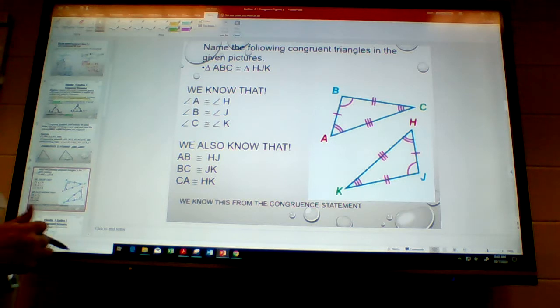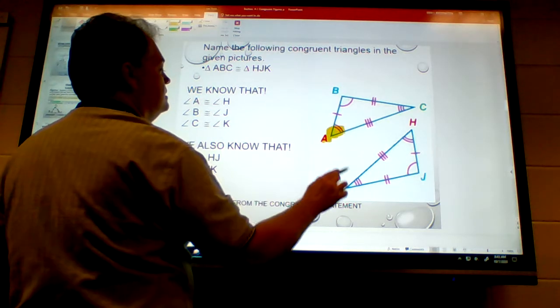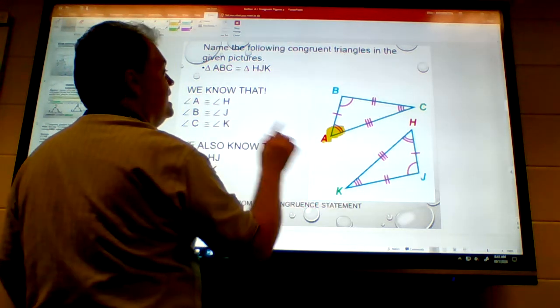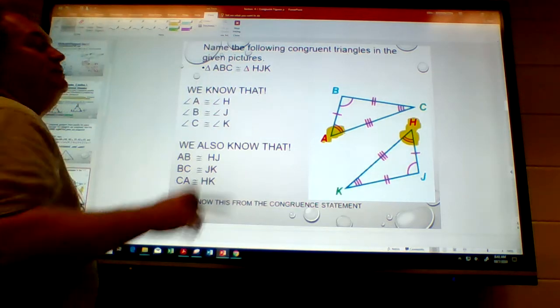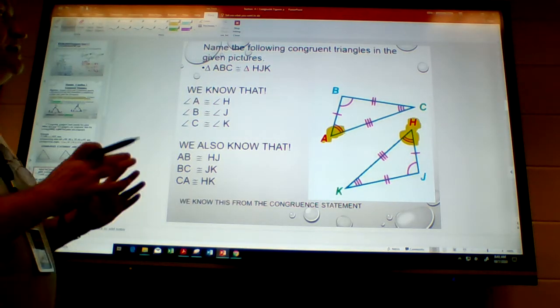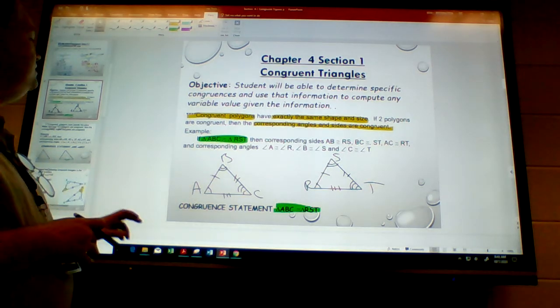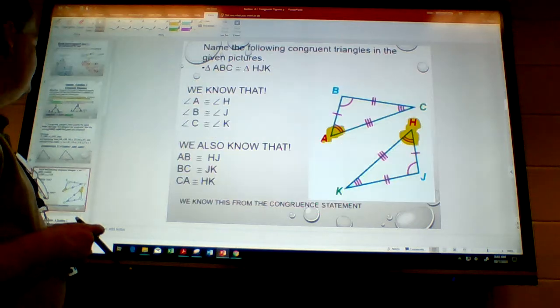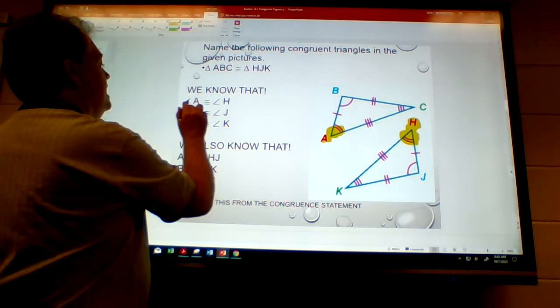Okay, so here's what we need to know. And I'm going to do some highlighting here. A is congruent to H. Okay. Now you'll notice that they flipped the triangles a little bit so that they don't look identical. See over here, these look identical because they're not tilted in any way. But if you look at this one right here, they've done that on purpose.